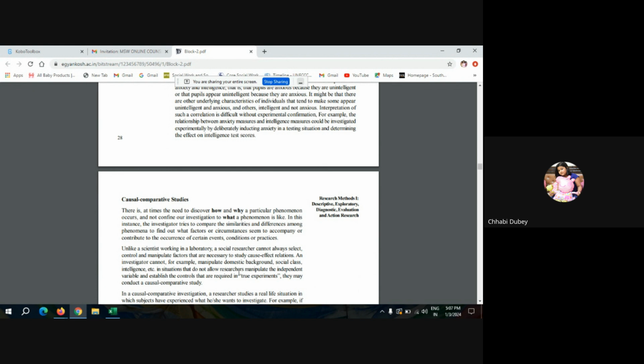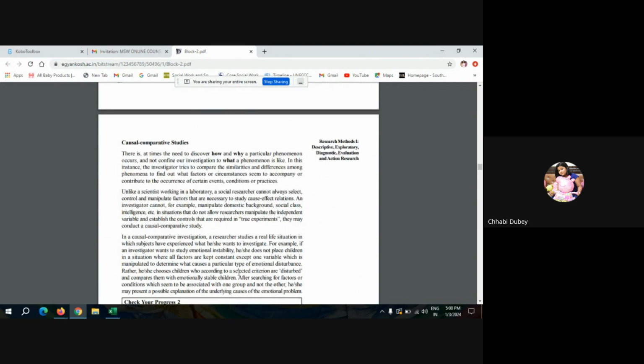In this instance, the investigator tries to compare the similarities and differences among the phenomena to find out what factors or circumstances seem to accompany or contribute to the occurrence of certain events, conditions, or practices. So if a certain phenomenon is occurring, how and why is it happening, and what are the factors contributing to the occurrence of those events.